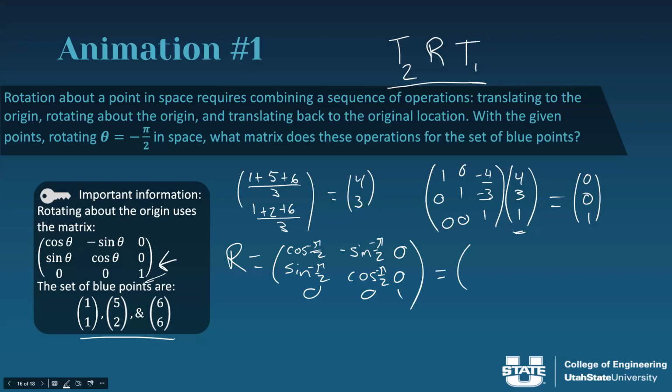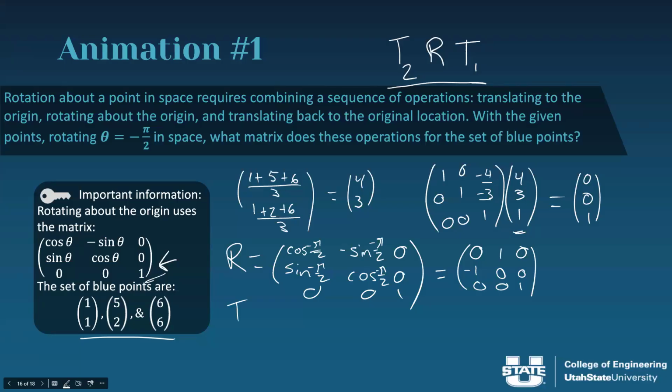Once we plug everything in, we get the cosine of -π-halves, which is the same thing as -90 degrees, is 0. And then the negative sine of -π-halves, -π-halves takes me down to here, right? Which is going to be -1, but then because it's negative sine, it becomes +1. This is going to be 0, 1, 0, -1, 0, 0, 0, 0, 1. Okay, perfect. So now I have my rotation matrix.